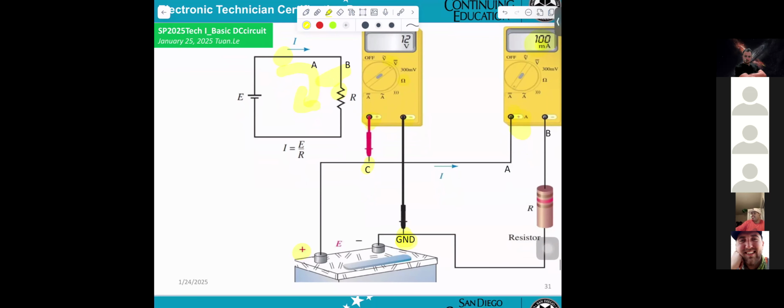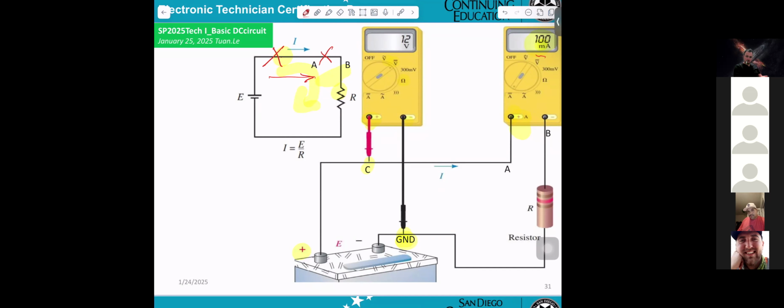Now remember, if you want to measure the current, the first thing is to make the current flow through the meter. You have to break the circuit here and connect the meter, let the current go through the meter and return to the route.